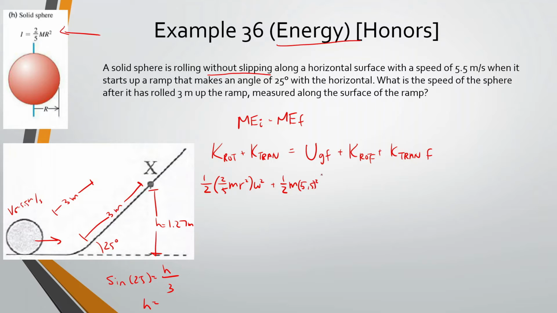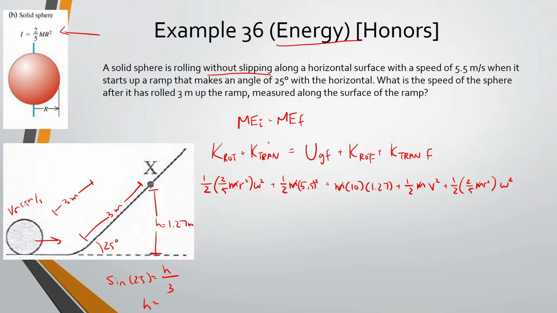I'm going to put that in parentheses. And then this is going to equal m, not given to us, gravity 10, height 1.27, plus 1/2 m v squared, that's what we're looking for, plus 1/2, and again, this is rotating, so 2/5 m r squared omega squared. One thing we should notice right away, the m's cancel out, because m is in every single part of this equation.